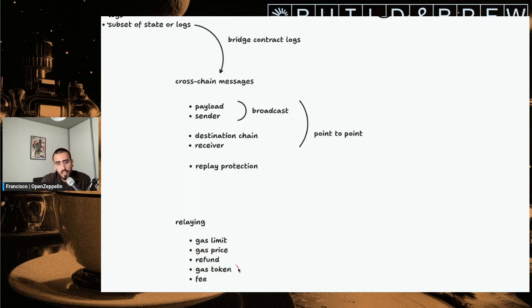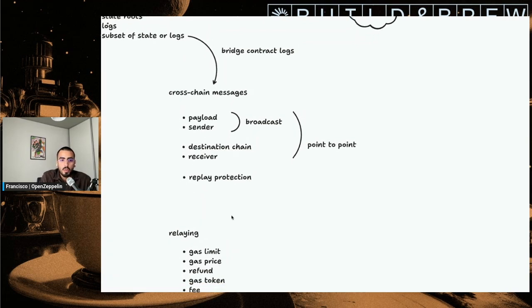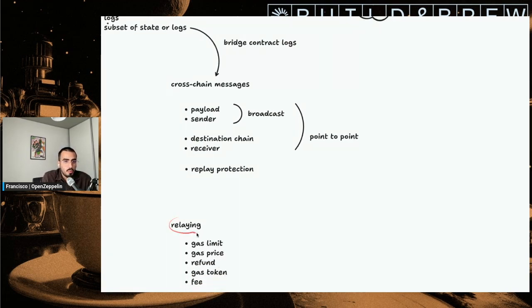And lastly, you also need to consider that the gas token might be different on the destination chain, right? So this is not exactly a parameter, but something to solve. And finally, we need to think that we're going to be relying here on a relayer, a third party, to observe that the message was emitted and take it and submit it on chain B. So that's going to be a service that they're going to be providing.